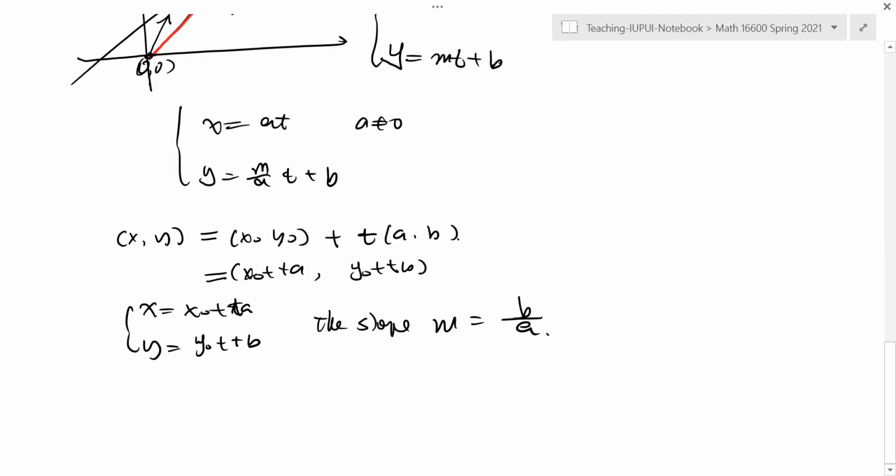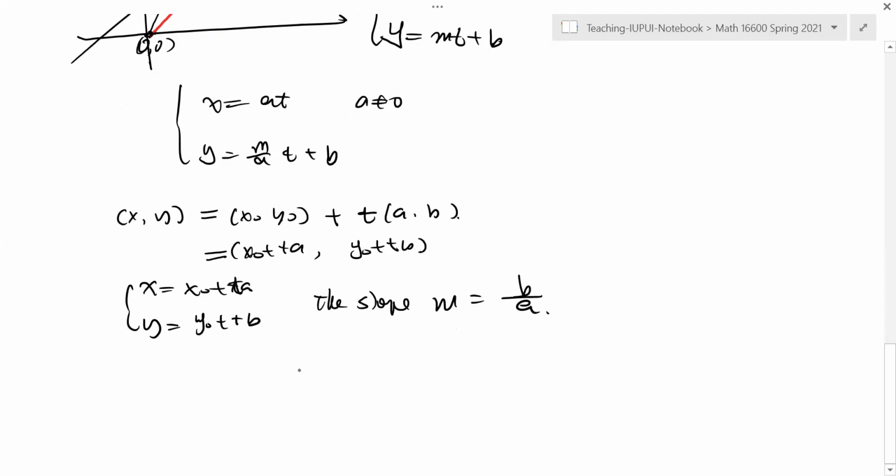Now let's see why it is like that. y equals y naught plus tb, and I'm going to replace t by something. From the first equation, x minus x naught divided by a is going to be t.